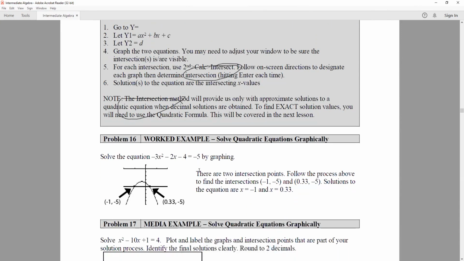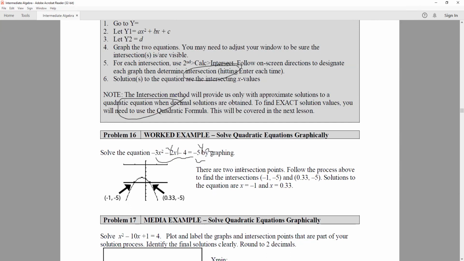Now, if you look at this example, problem 16, we have y1 here, and then we have y2 here. So you go to the calculator, y1 and then y2. y2 equals -5. And then you find the intersection point. This is the graph you're going to get.